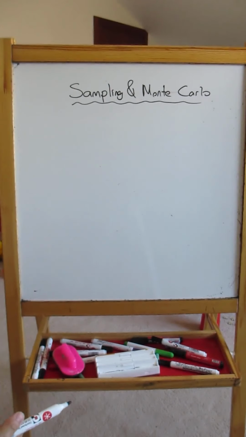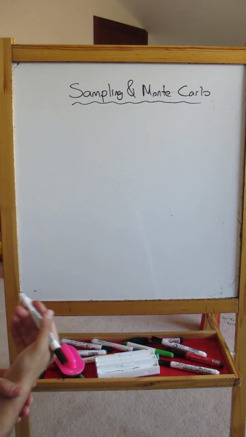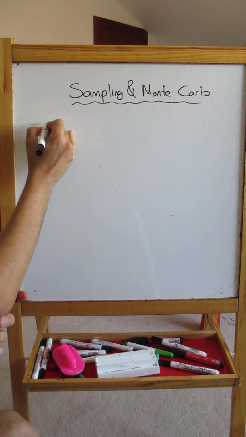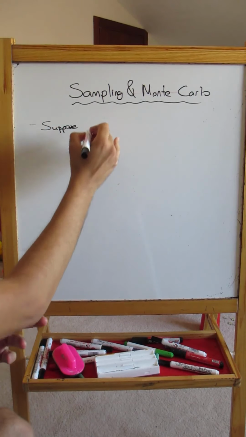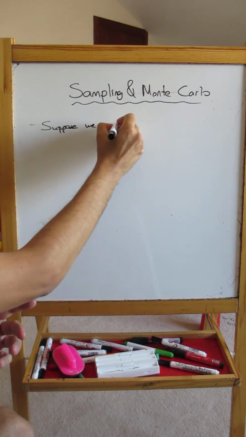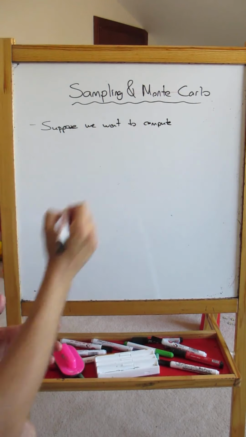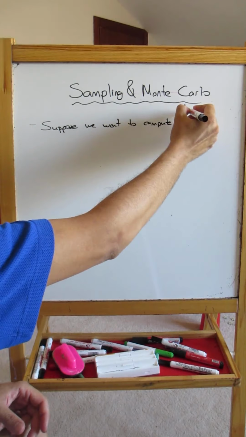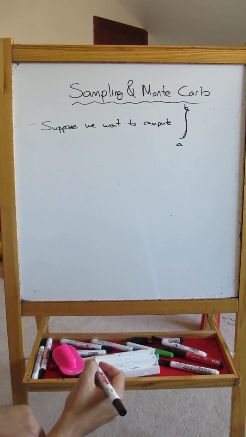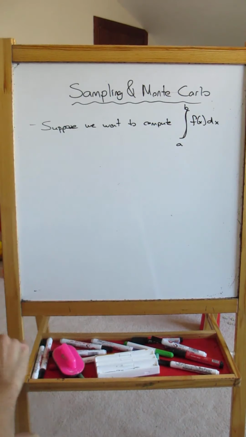Okay, so now let's do something related. We do not want to compute the expected value of a function, but let's say we want to compute the following integral from a to b of f(x) dx.